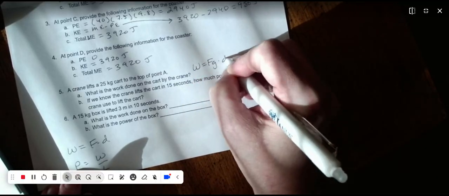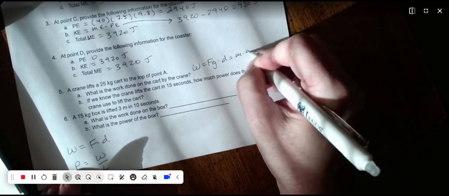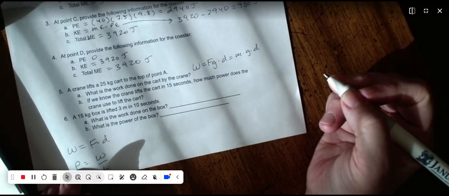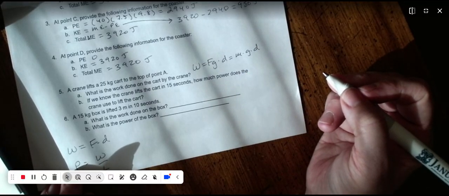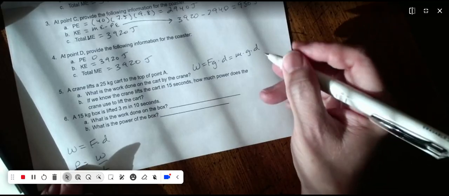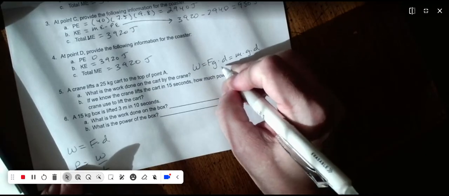So when we're lifting, our work is force of gravity times displacement, or M times G times D. Because we're overcoming that force of gravity. That's the work that we're doing. And so that's our force.